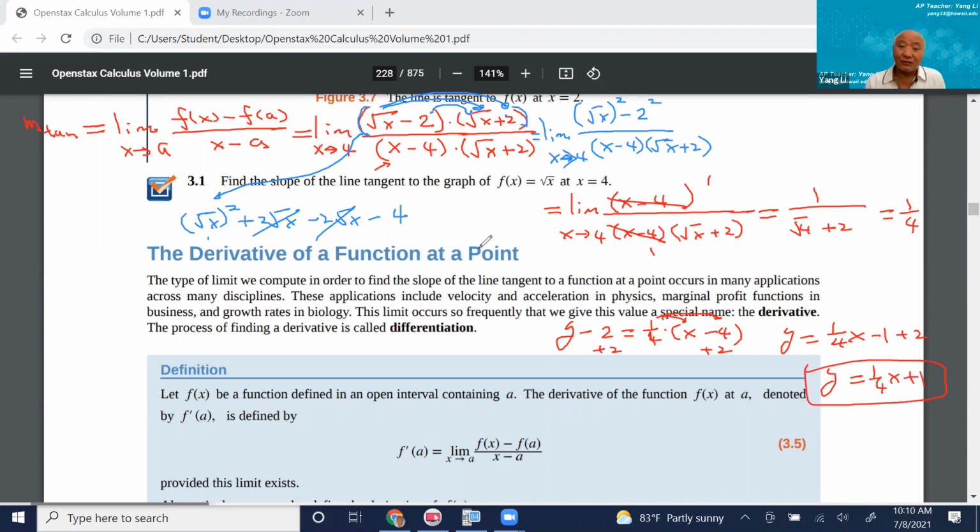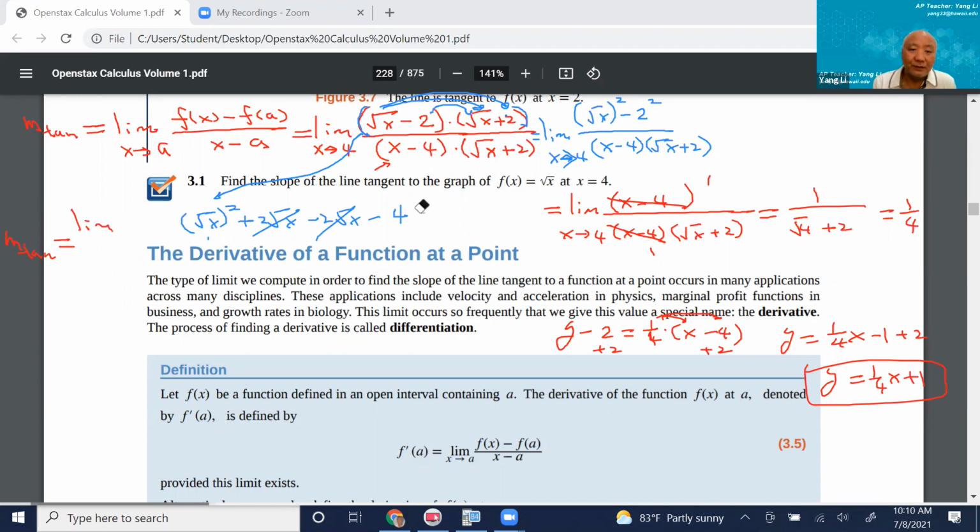See, that's the one. We can get the slope of the tangent line, right? And remember, we have the other format of the definition of the slope of the tangent line. Remember that? The slope of a tangent line will be equal to what? The limit, right?